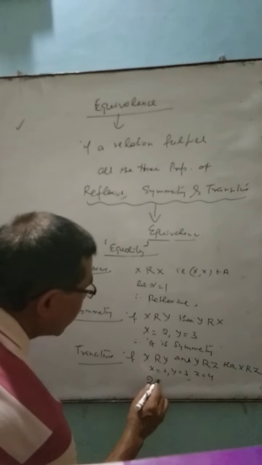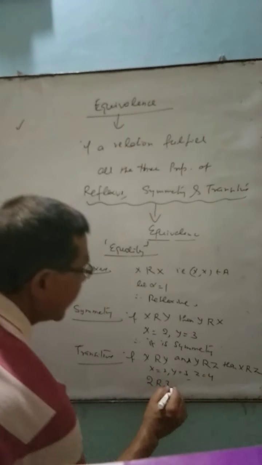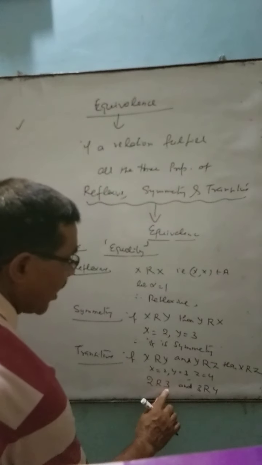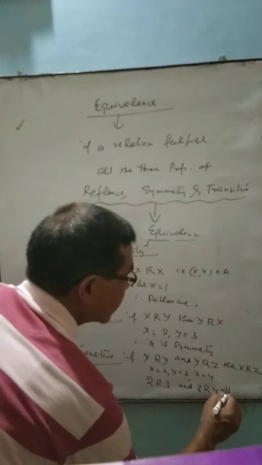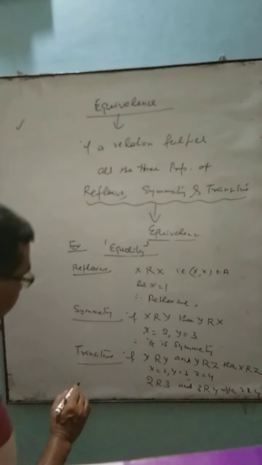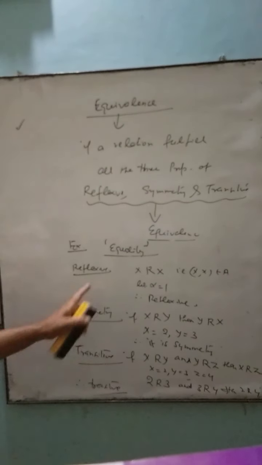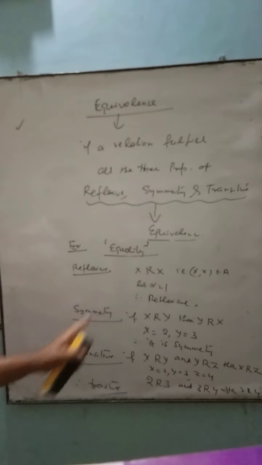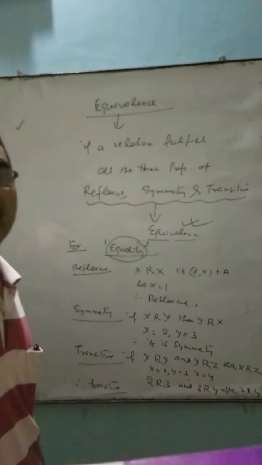If 2 is equal to 3, and 3 is equal to 4. 2 is equal to what? 3. And 3 is equal to what? 4. This implies then 2 is equal to 4. Therefore it is transitive. Clear? You will write below: since all the three properties are true, fulfilled, therefore equality is an equivalence relation. Clear to all of you?